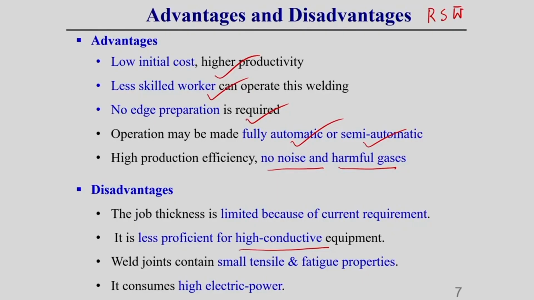That is why for high conductive material it is less proficient. The weld joint generally has comparatively small tensile and fatigue properties. It also consumes high electric power.